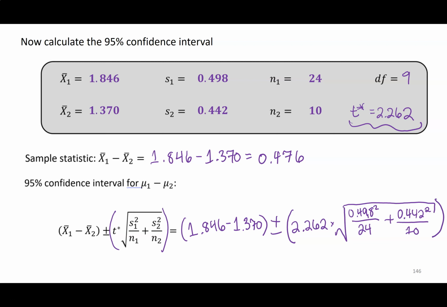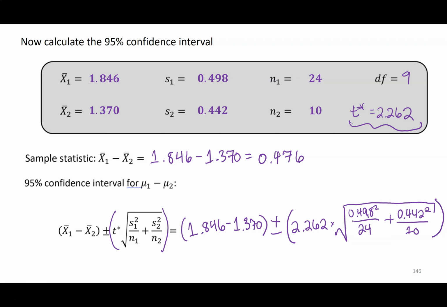If we were looking for the setup, this whole part right here is what we're looking for. We're looking for the equation with the values plugged in. This is the majority of the setup, and then the interval itself is definitely worth the point.